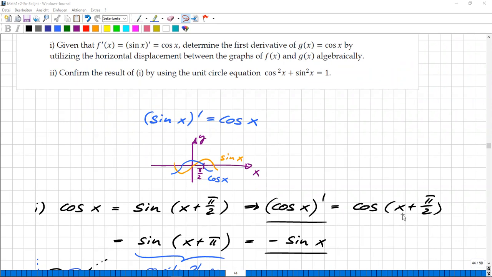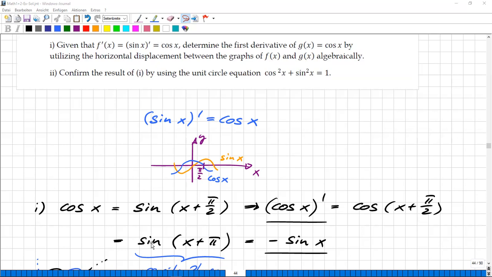We found out that, due to this transformation, the derivative of the cosine function is again sort of a cosine function, but with a horizontal displacement. And now you could say, what we do is we apply this connection between cosine and sine again by saying that this modified cosine can one more time be expressed to be a sine function with a certain horizontal displacement.